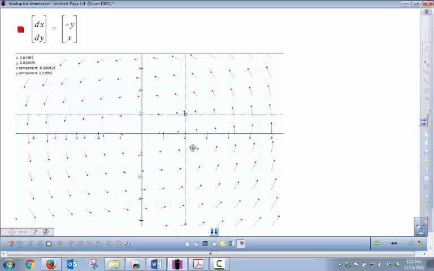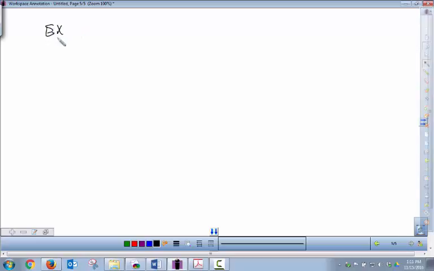Now, let's do another example of a vector field. So our other example is this.